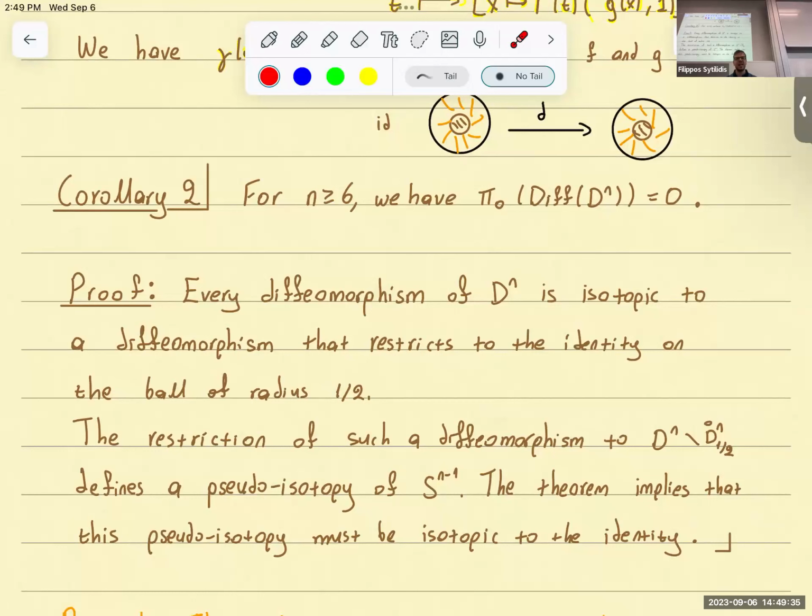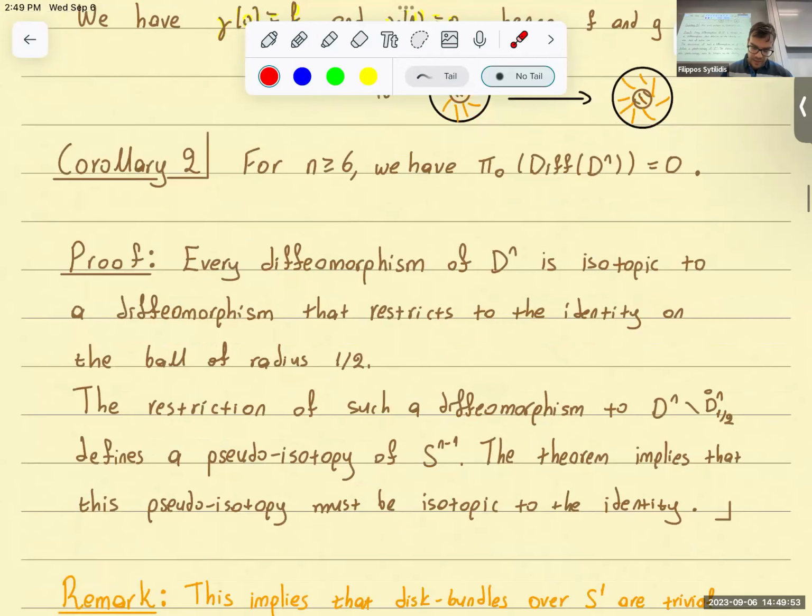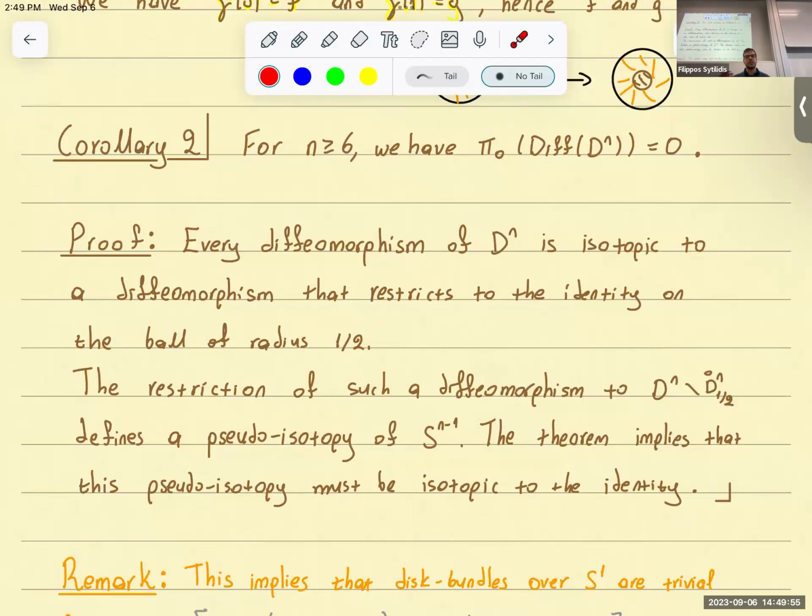So now my original D, there is one more thing. The pseudo-isotopy theorem implies that the pseudo-isotopy is isotopic to an isotopy. That also implies that it's going to be isotopic to the identity. I'm using here something which I was going to say a bit later without realizing that I need it here.